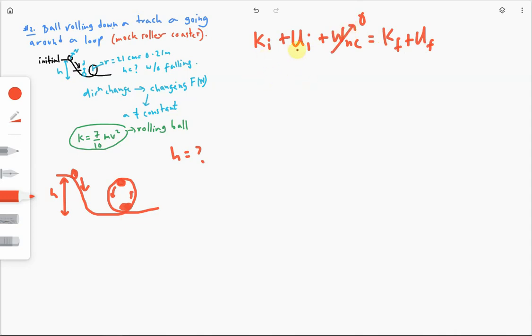So again, we have a conservation of mechanical energy: the summation of kinetic and potential energy initially is equal to the final mechanical energy. Okay, so we have to determine what is our initial point and what is our final point. Initial is here, final is here. So at this point is the final.